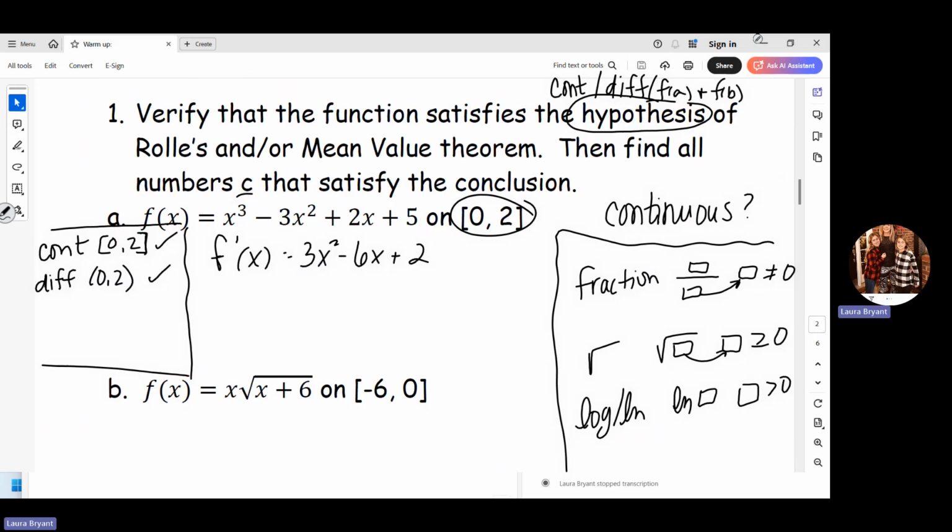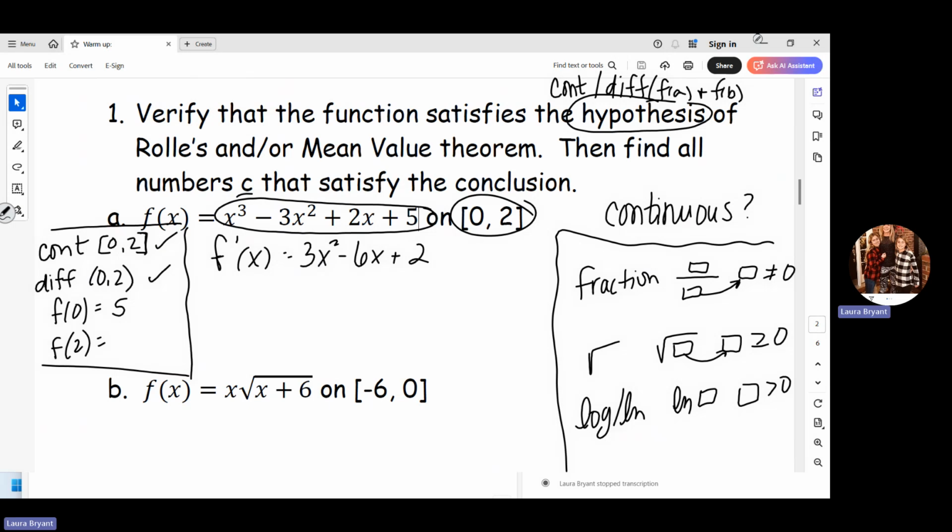Then I'm going to check my f of a and f of b. It's not saying f prime of a and f prime of b. I'm plugging 0 and 2 into the original up here. I plug in 0 and I get 0, 0 plus 5 is 5.